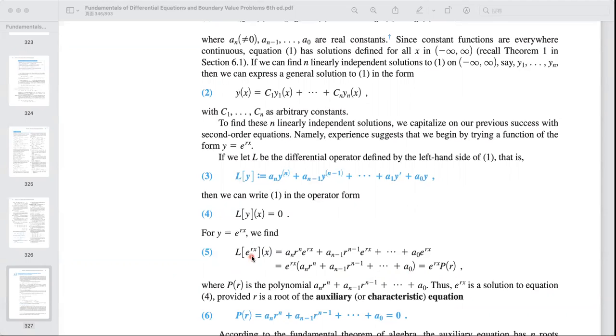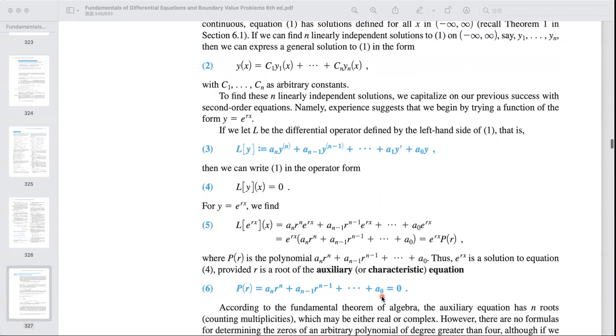So L[e^(rx)] will equal e^(rx) times P(r). Remember, we want this equal to 0. Since e^(rx) is always larger than 0, the only way to make it 0 is for this polynomial P(r) to equal 0. And this is exactly what in chapter 4 we called the auxiliary equation or characteristic equation.